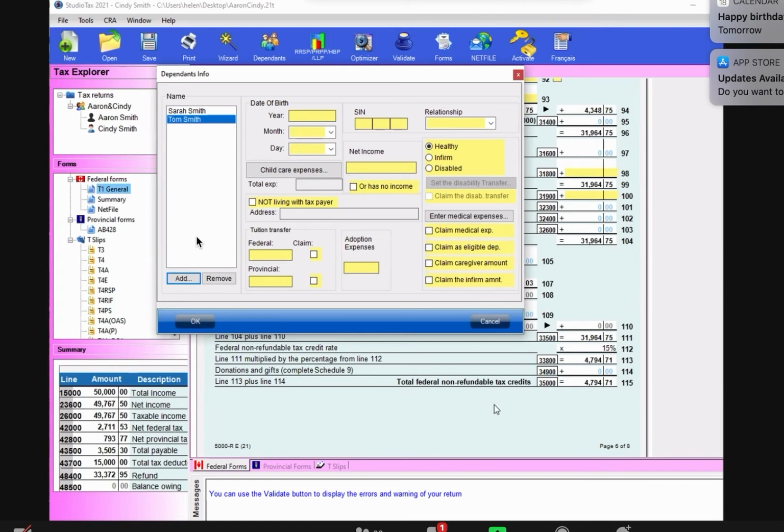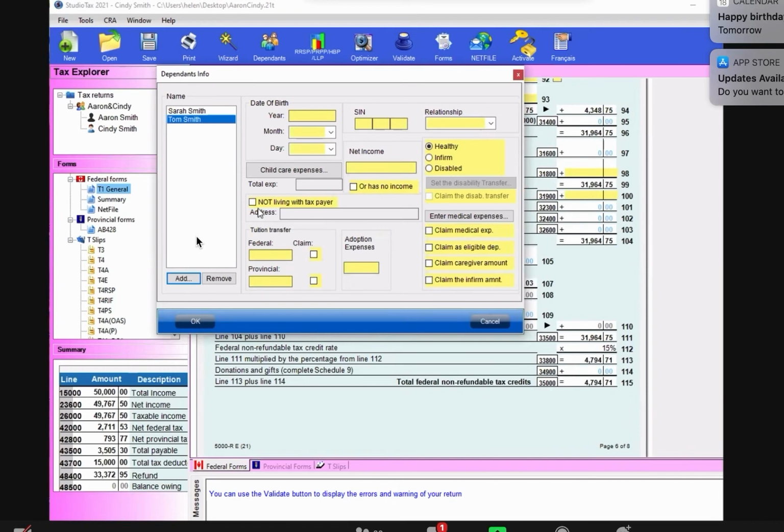You can put it under Cindy or under Aaron, it's the same, but you need to make a decision. If Cindy's net income is over 40,000 or 50,000, then you put it on Cindy, there's no problem. But if Cindy's net income is low, like 20,000 or 25,000, then you don't put it on Cindy, you put it on Aaron.